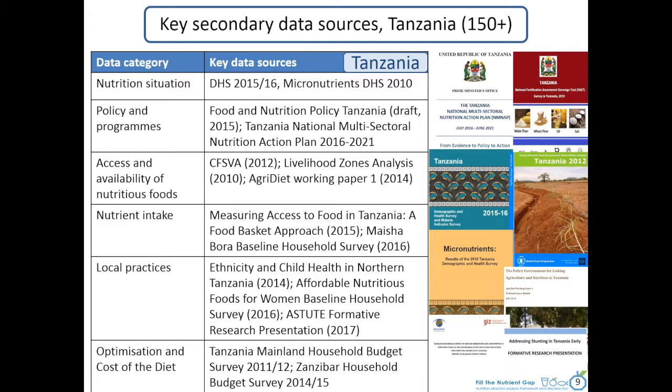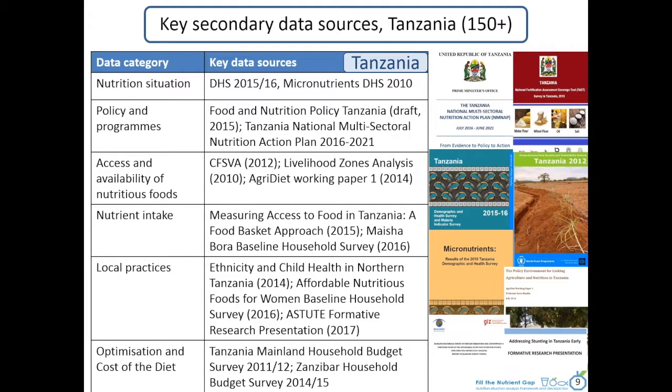When I talk about secondary data and secondary sources of information, there are basically 6 main categories that are looked at. They relate to malnutrition characteristics of a country, and then the enabling environment that goes into policy programs, as well as strategic partnerships and public-private partnership initiatives that, for example, are related to improving availability or affordability of different types of nutritious foods in a particular country.